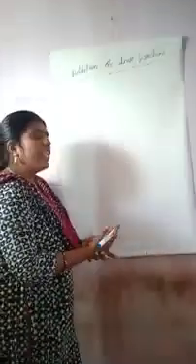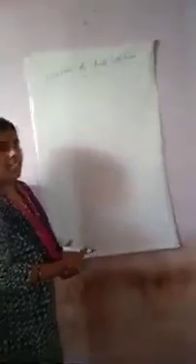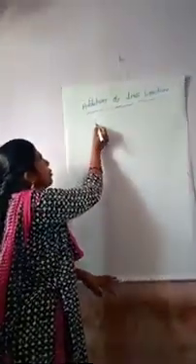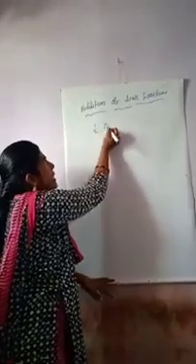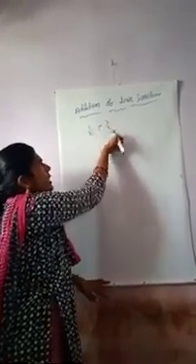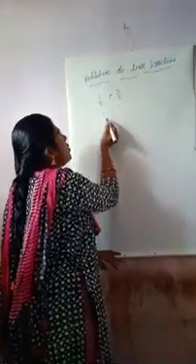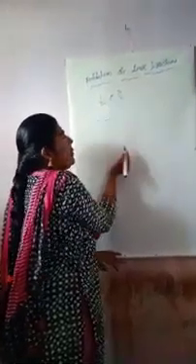Children, addition of like fractions. How to add like fractions? So 1 by 2 plus 3 by 2. This is a simple addition.